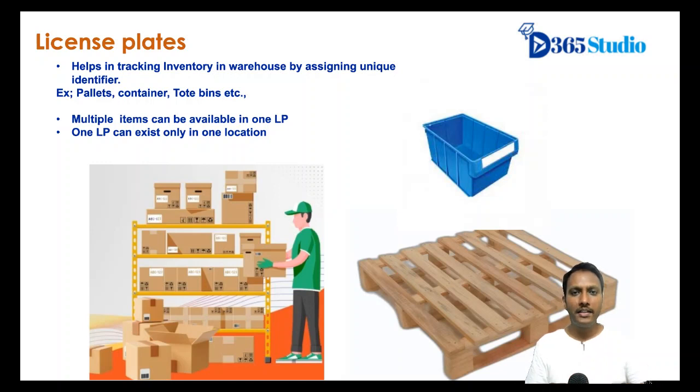Within the inventory, those are different item numbers: item number 1, 2, and 3. But when it comes as a package, it comes as one single package, and customers generally don't buy them individually. So if a customer orders those 3 products together, I have to send that to the customer. That is when you use the license plate.